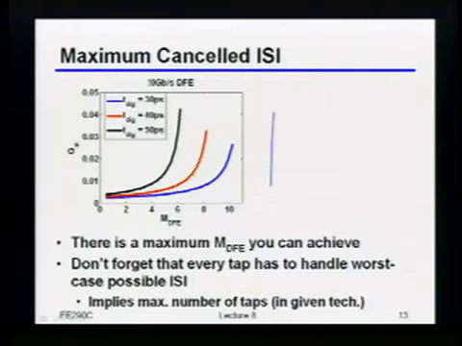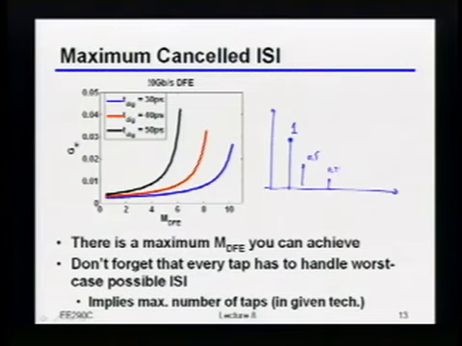If I told you that you were operating over the following channel, where this was 1, this was 0.5, and this was 0.25, then you'd build your DFE to cancel exactly 0.75 of relative ISI. If you can do it, great. If not, there's nothing else you can do anyway.